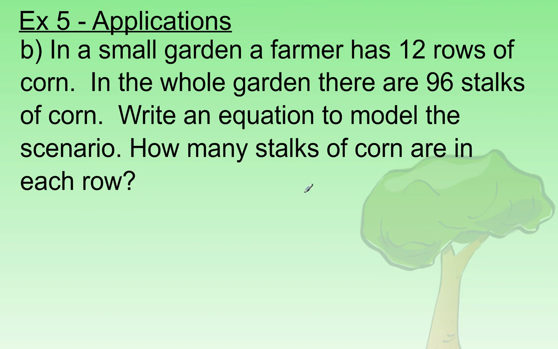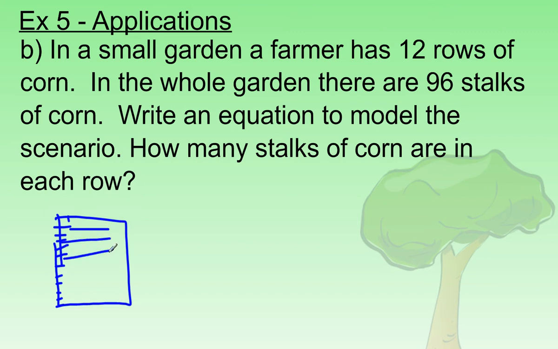Okay, so let's see. I'm imagining we've got our cornfield here, and it says there's 12 rows. So rows go this way. 1, 2, 3, 4, 5, 6, 7, 8, 9, 10, 11, 12. So there's 12 rows of corn that go across this way. And there's a total of 96 corn stalks.